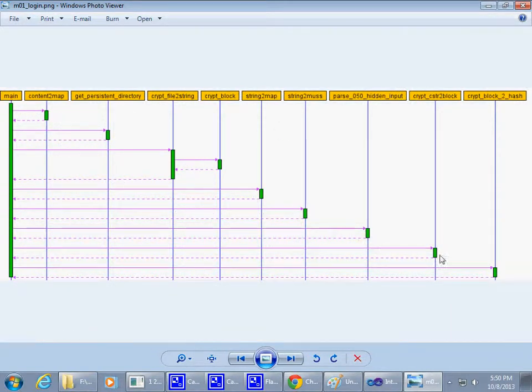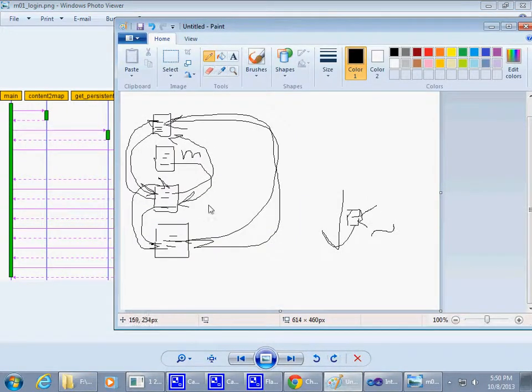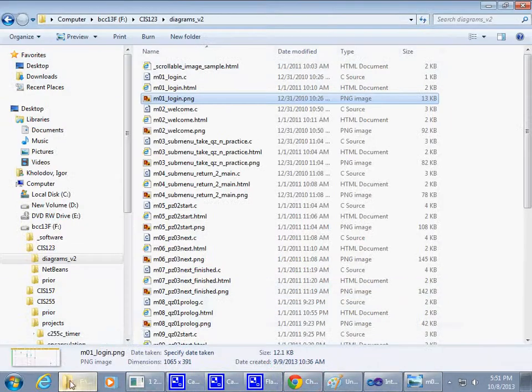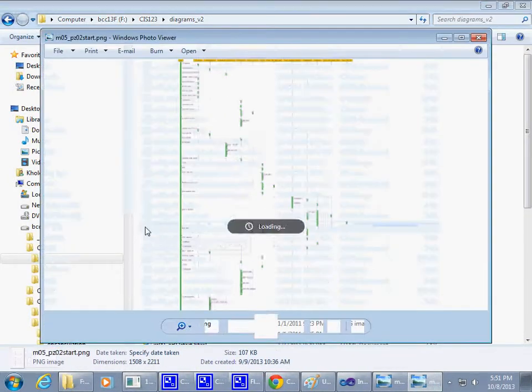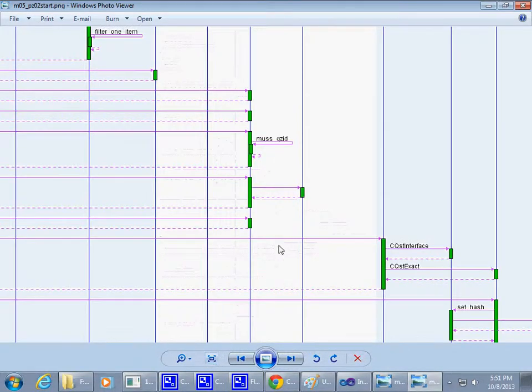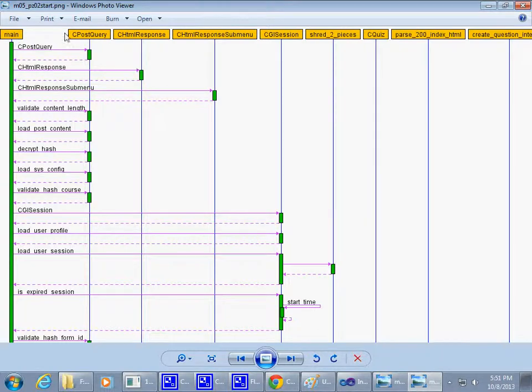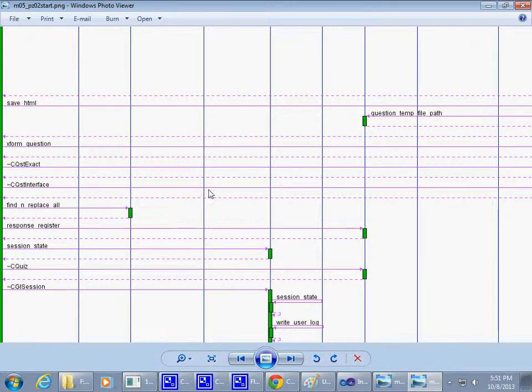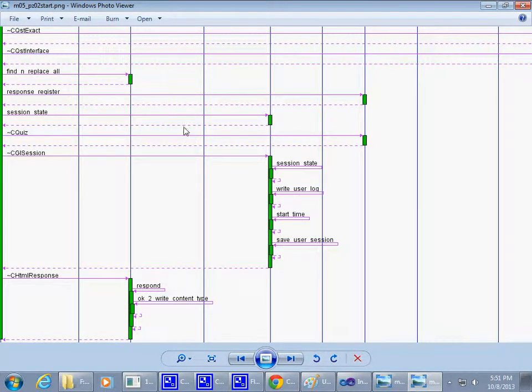Here's the trace of functions, and that was produced exactly by this approach. Then when you say I want to take a quiz, this is, for example, a practice run right here. This is what's happening in there: these are the objects and functions that are involved, and this is the timeline. So the next time I have to change something in this code, I actually go here first, because I want to know what the big picture is.